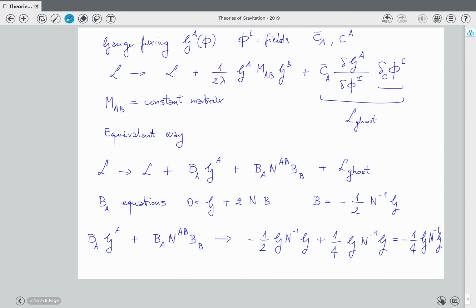And this tells you what the relation between M and N should be.